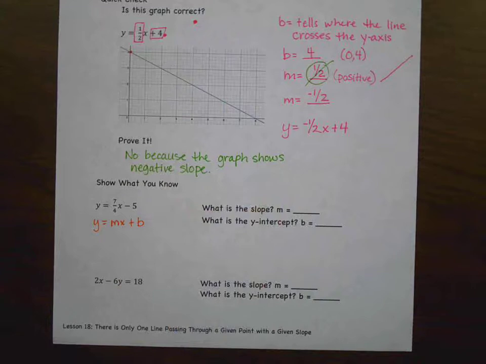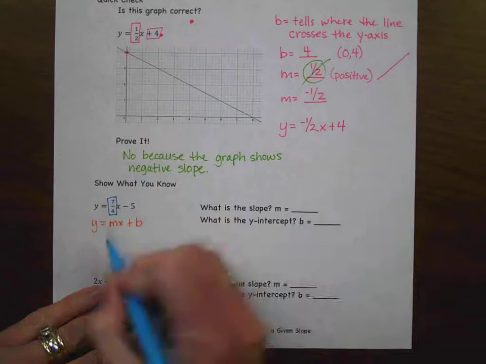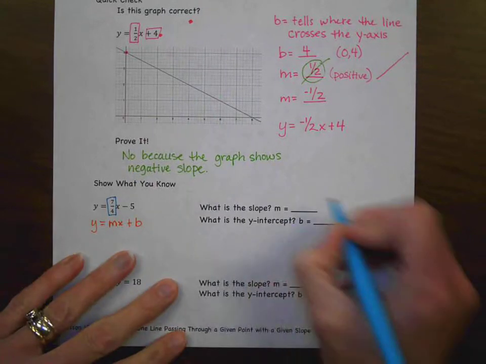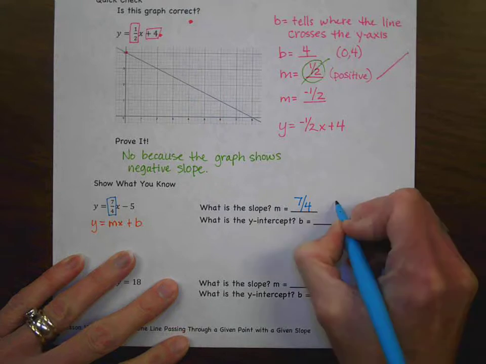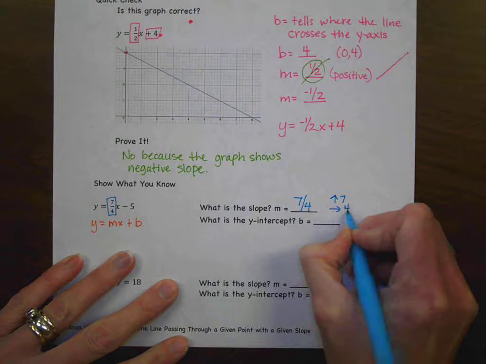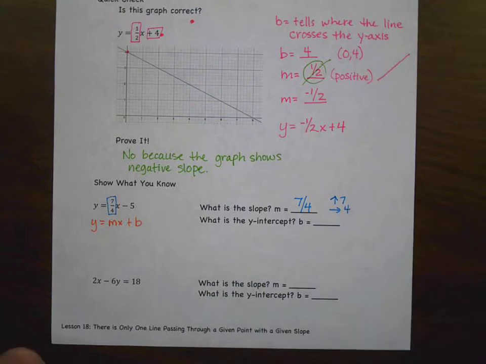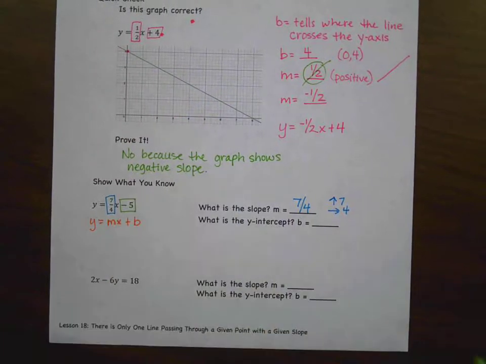According to this, this guy right here has to be our m. So our slope for this line is 7/4. What that means is you are going up 7 and you are going to the right 4. That's what that slope is telling us. And then the b for this example is going to be -5.